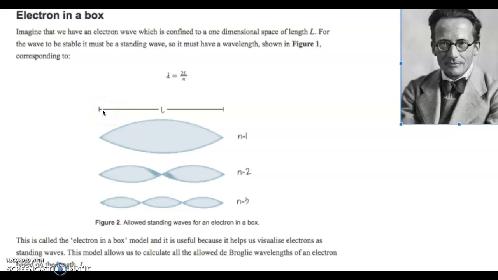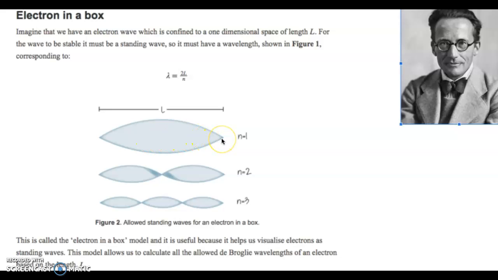Now, what do we mean by length L? For that we need to formulate an equation defining these standing waves. So let's look at this standing wave a little bit more closely. We can see that a standing wave of length L, specifically in the first harmonic, looks like this.